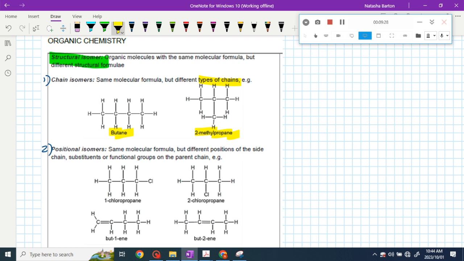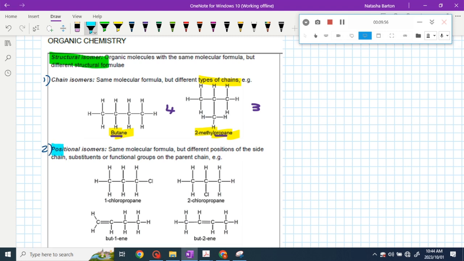So how do we name chains? We name our chains differently using meth, eth, prop, but, pent, hex, hept, oct, and so on. Based on that, I know that these 2 are chain isomers because here we have but for 4 carbons, here we have prop for 3. And based on this word over there, I know that we are dealing with chain isomers.